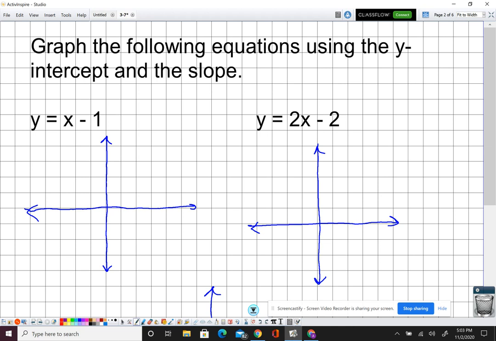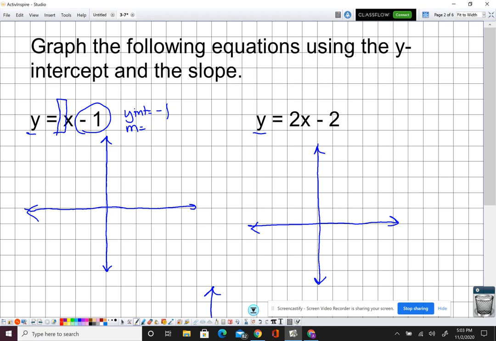So here I have two equations. They're both solved for y equals. We're going to take the equations apart and identify what the y-intercept is, and in this case, it's -1. It's that plain number. And we're going to identify the slope. The slope is always found right in front of the x, not the x itself.